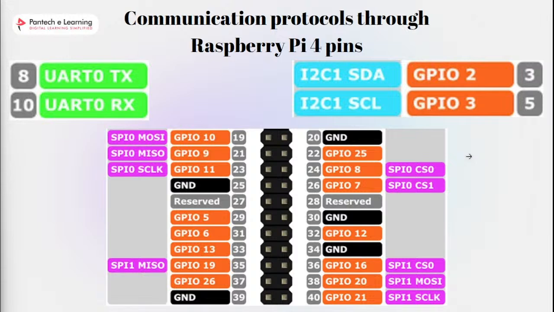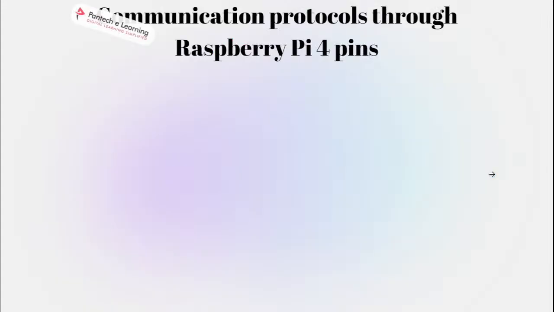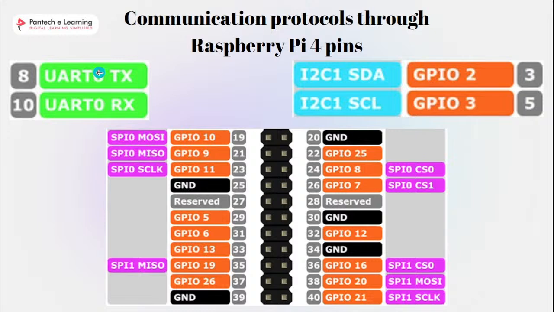On the Raspberry Pi 4 schematics, you can see a column for alternate functions. The communication protocols are all in that column. So these are all the alternate functions, right? Let's see one by one.